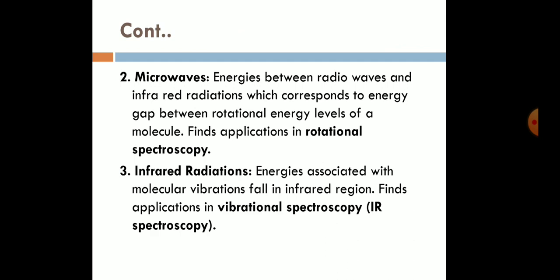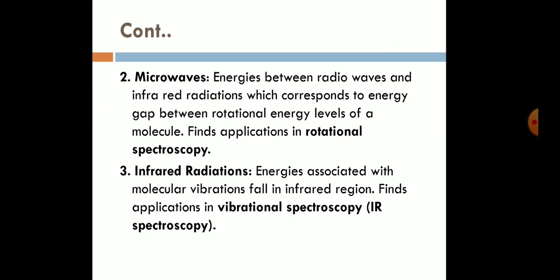The energy of the microwave is between radio waves and infrared radiation. So it corresponds to the energy gap between the rotational energy levels of a molecule. So upon the absorption of microwave radiation, the rotational transitions take place. And thus this region of the electromagnetic spectrum finds application in rotational spectroscopy.